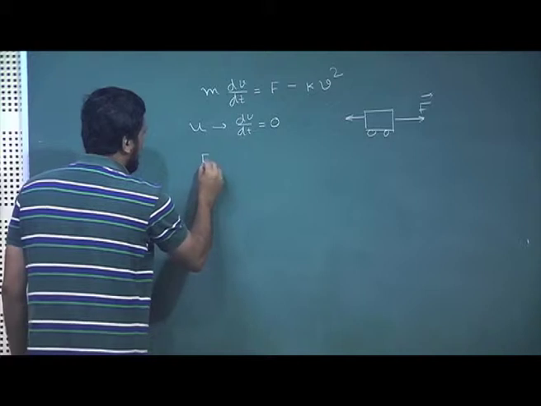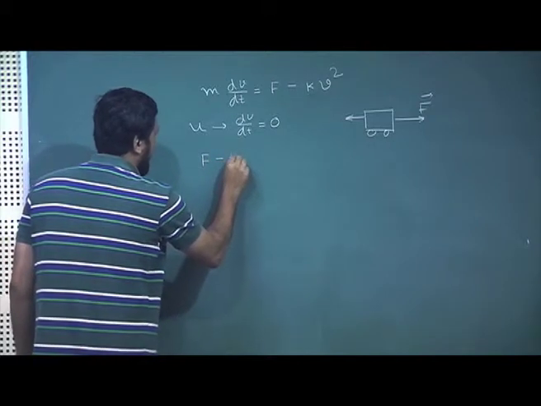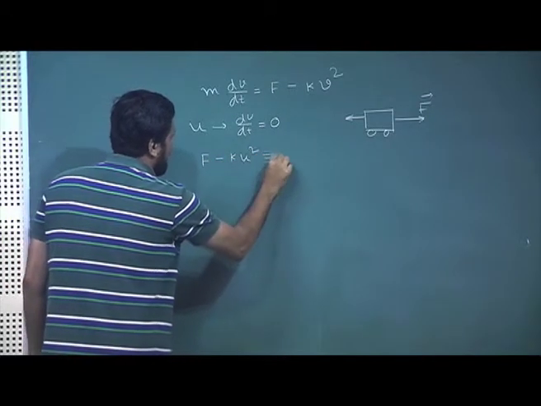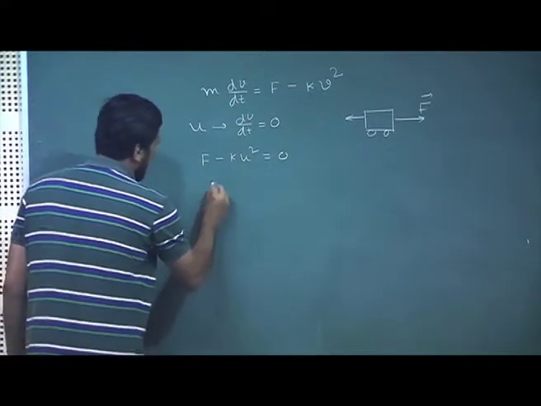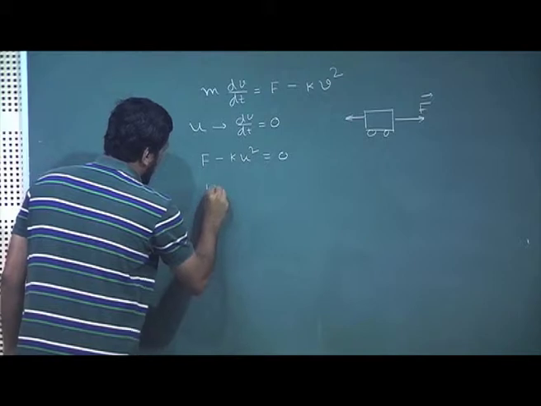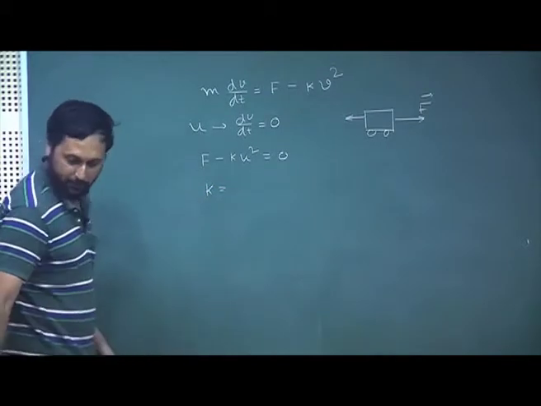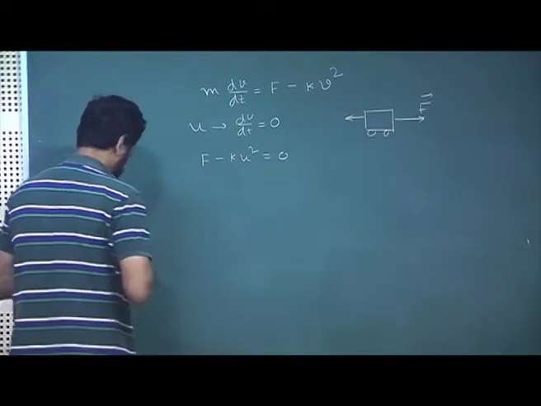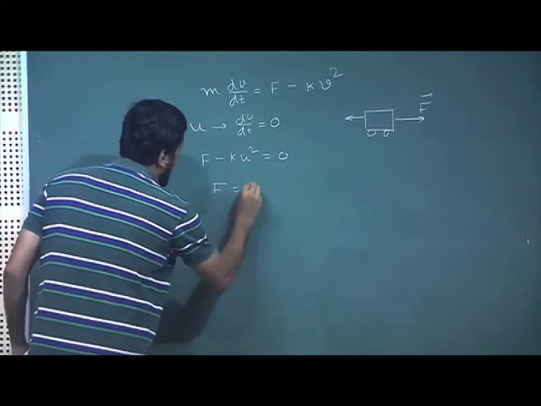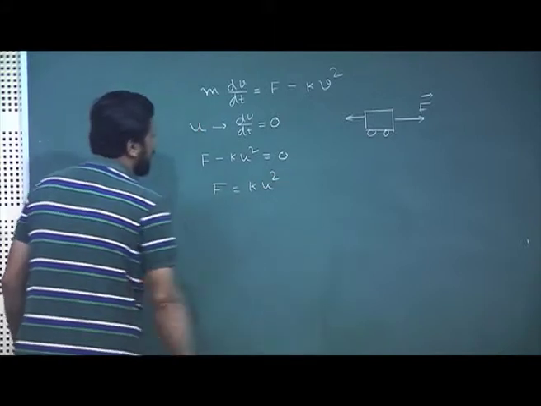Now, when dv/dt is equal to 0, then F minus k u square is equal to 0, and that essentially means F is equal to k u square.